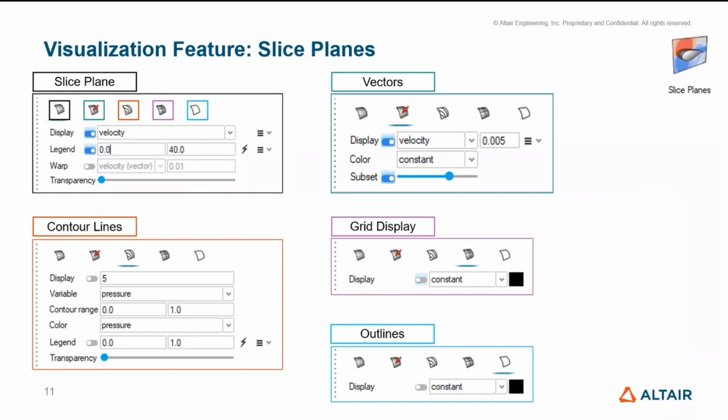I can also look at the vectors or contour lines, and I can plot the grid or the contours of the mesh. I can also plot the outlines, which is helpful for the ultrafluidic simulations where you have different refinement levels. The outlines show those contours of that mesh.